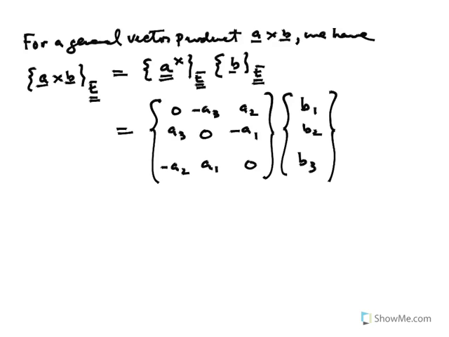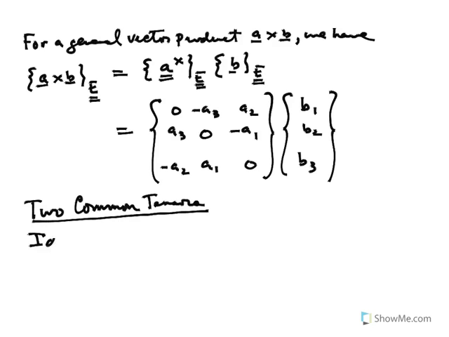Now, just to finish this in a complete way, the two tensors that will arise very frequently in future operations are as follows. We're going to deal with these tensors a lot. These are two common tensors, and this is the last thing we're going to describe, and then we'll end this lecture. The first one is what's called the identity tensor.